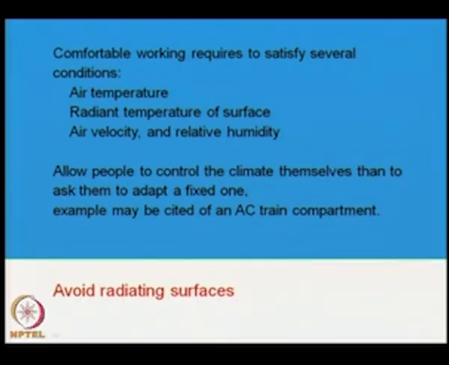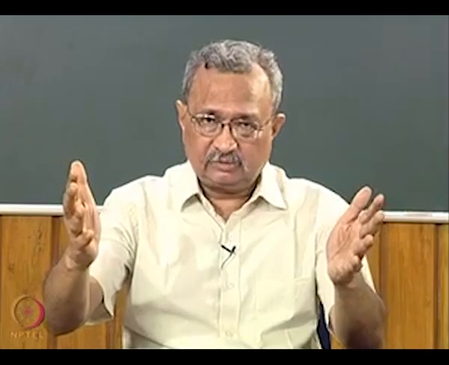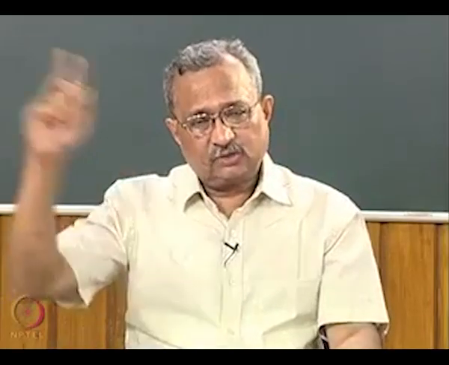An example may be cited of an air conditioned train compartment. In this air conditioned train compartment, the total environment inside is controlled by some other person, who is the attendant.